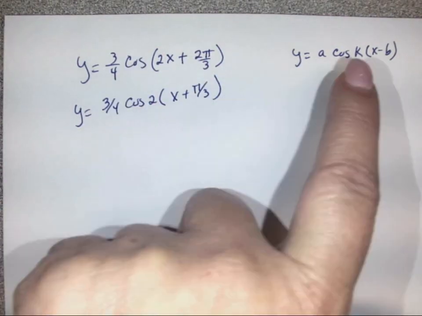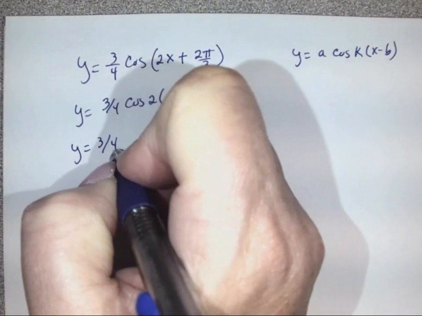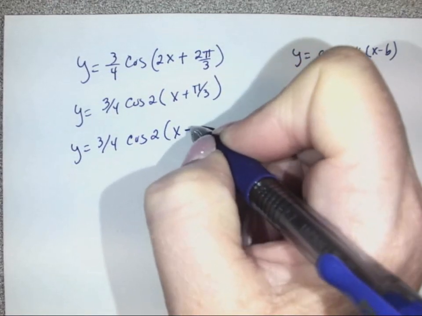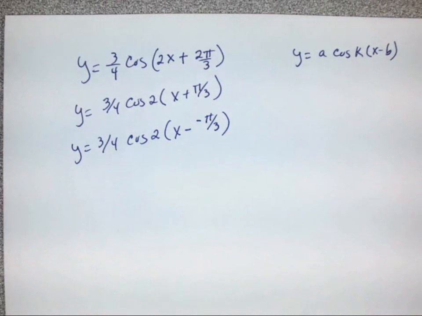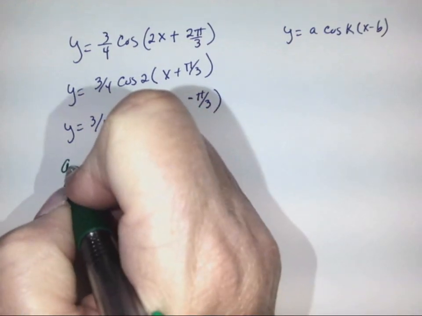Now I want to write this in the way that it looks here. So y is equal to 3/4 times the cosine of 2 times x minus negative pi over 3, because that double negative would make it a positive in the part up there. Sometimes that will make it easier if you write it like it is in the formula to see what's really going on. So I need to know what my amplitude is.